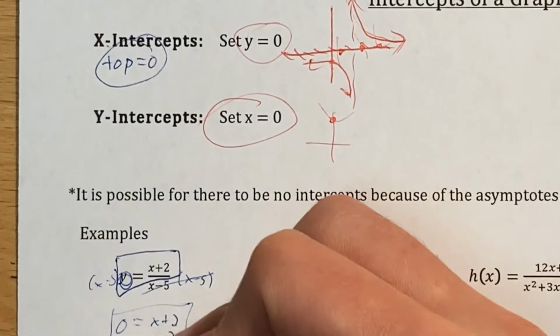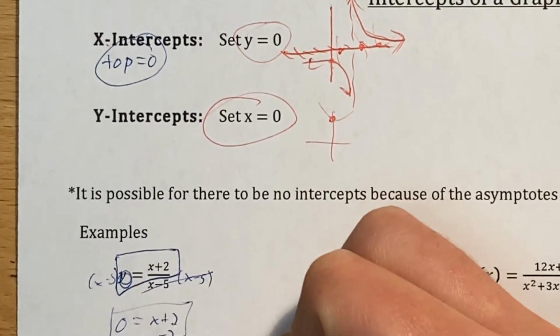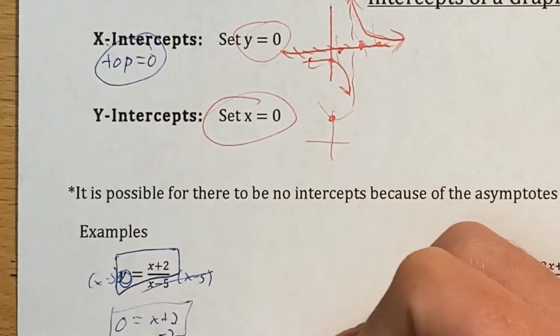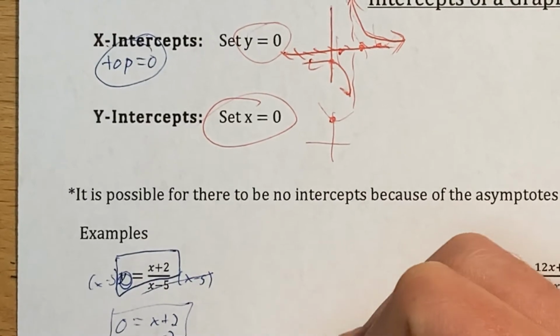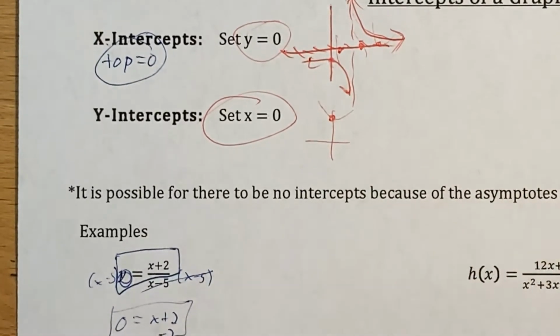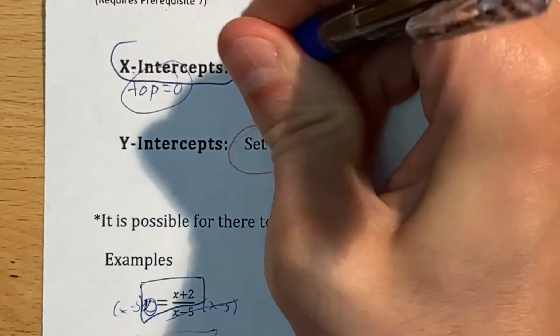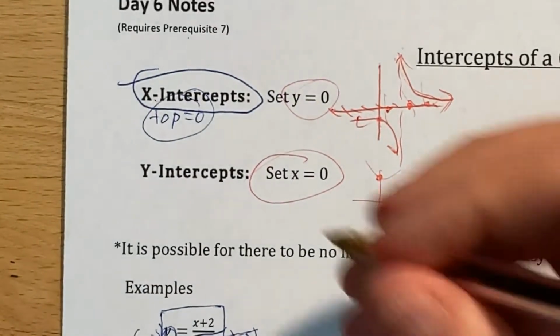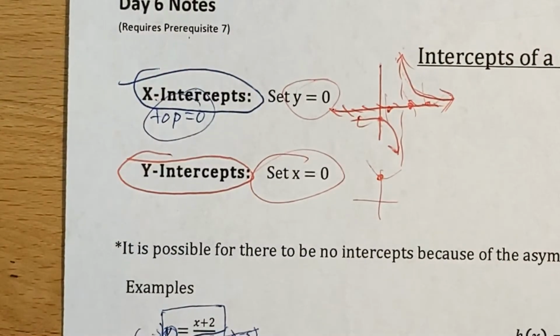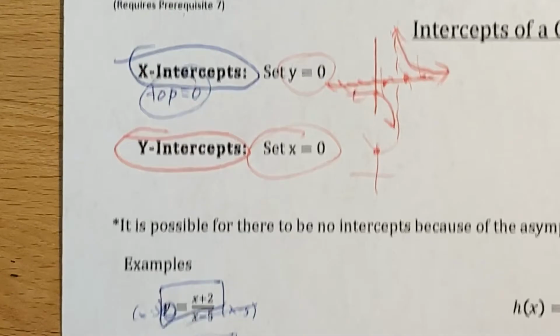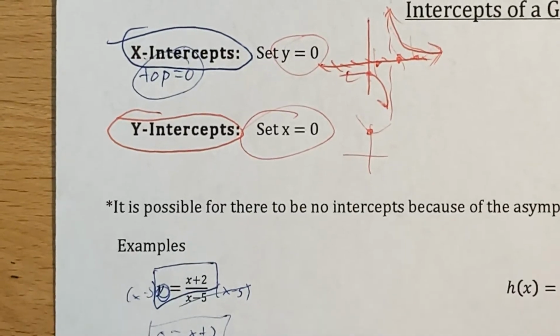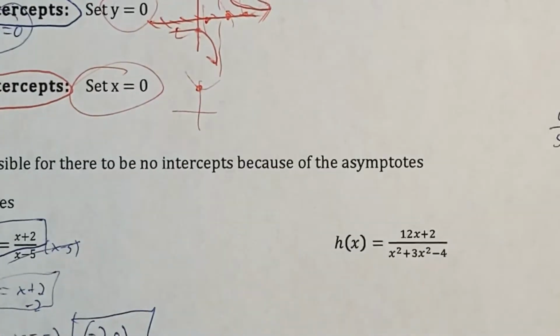So subtract 2, x equals negative 2. So the x-intercept is at negative 2 comma 0. And I'll do x-intercepts in blue and y-intercepts in red. Color coordination. Same thing here.